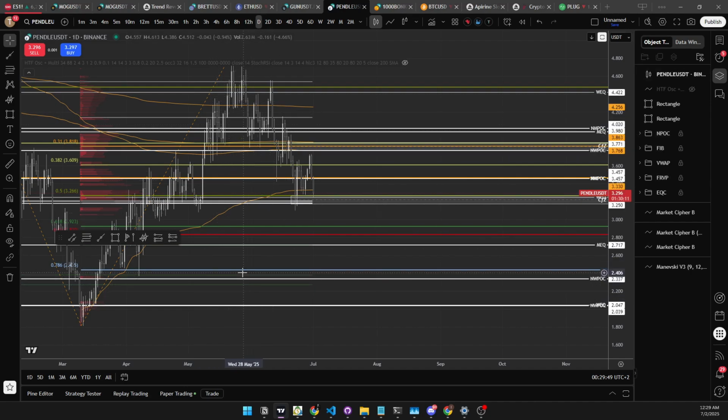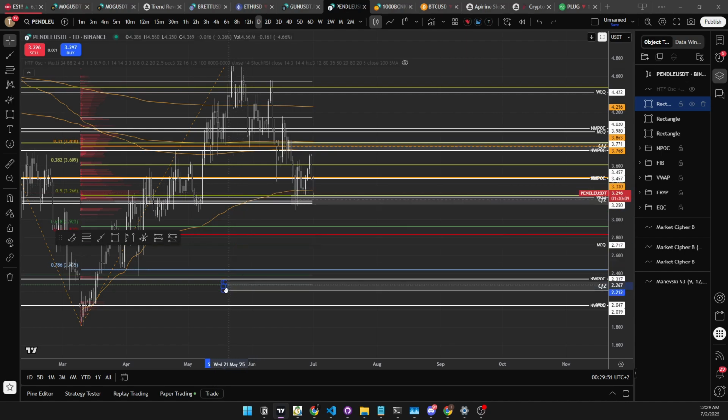Okay. You have value area lows over here, right? Over here with also the 786 Fibonacci. So I'll just go ahead and do that.